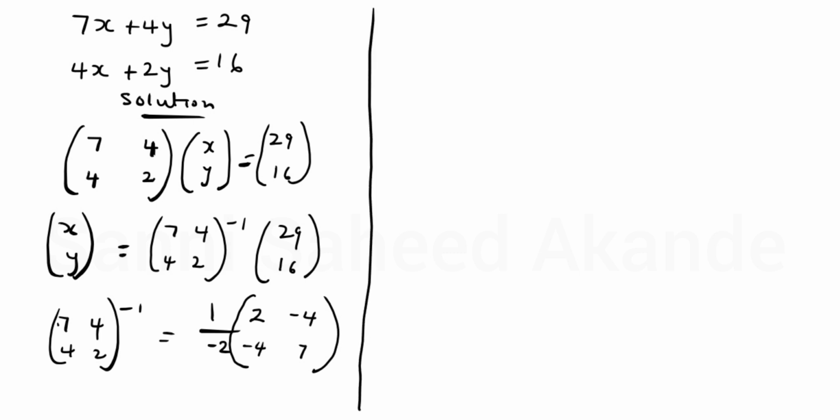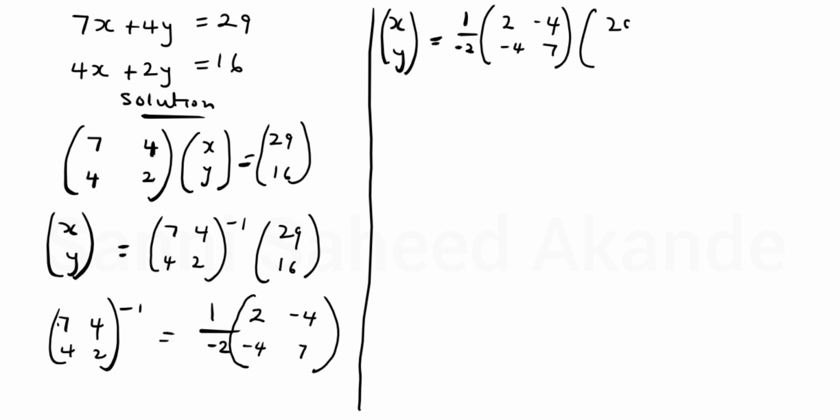We now have x and y to be equal to, now we've already found the inverse of this matrix, and we are going to replace it with 1 over -2, then times 2, -4, and -4, 7. Then multiply by 29, 16.